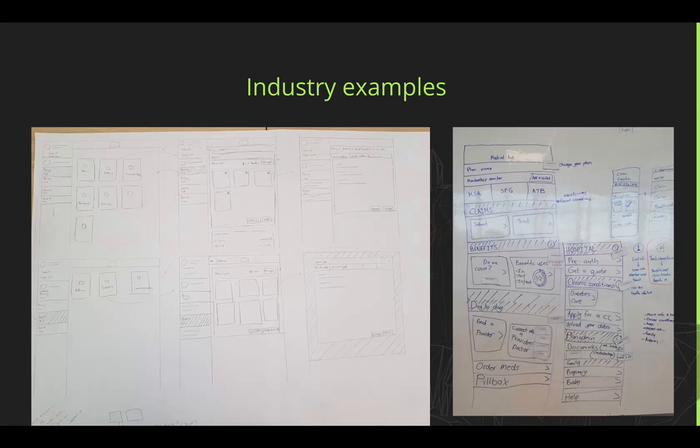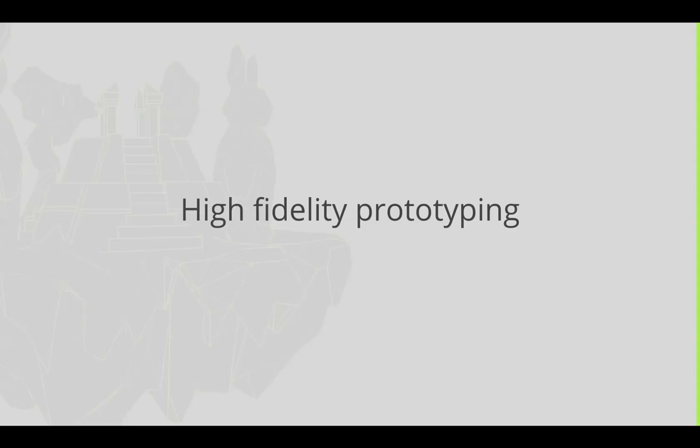And then we can go to very detailed paper prototyping, where a lot of the information is already filled in, and how it will work is very close to what it would represent when we do the actual design. And then we go to high fidelity prototyping.